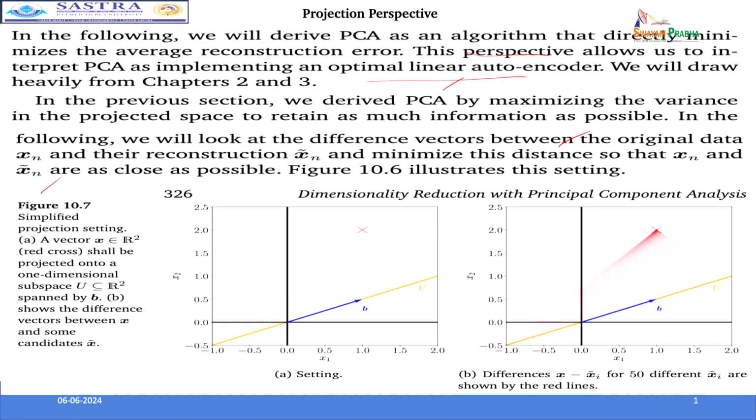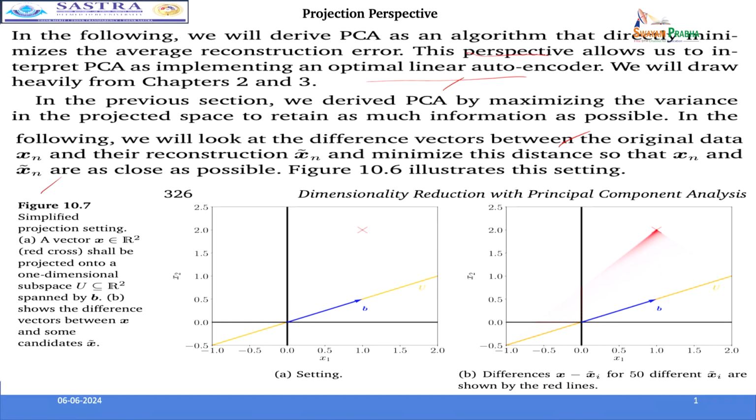So, figure 10.7 is a dimensionality reduction with PCA, principal component analysis. In (a), the setting is a vector projected onto a one-dimensional subspace in R squared spanned by b, and then figure (b) represents x minus x bar.